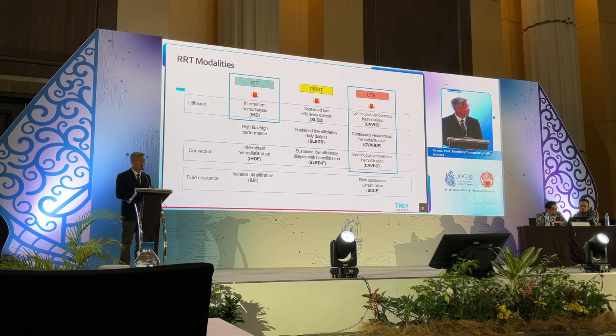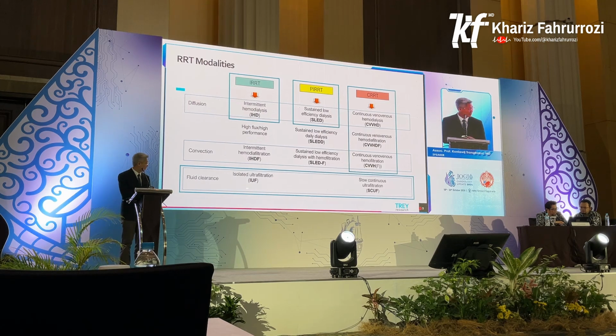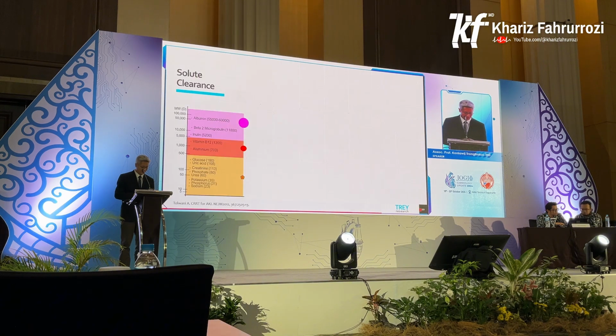But for hemodynamically unstable patients, we perform CRRT. I will focus on this term later, but it depends on solute clearance, which I will show you later. The last option for RRT is to remove fluid only. Isolated ultrafiltration means you just remove fluid with a hemodialysis machine. But CRRT requires a cuff because its blood flow is lower than hemodialysis.